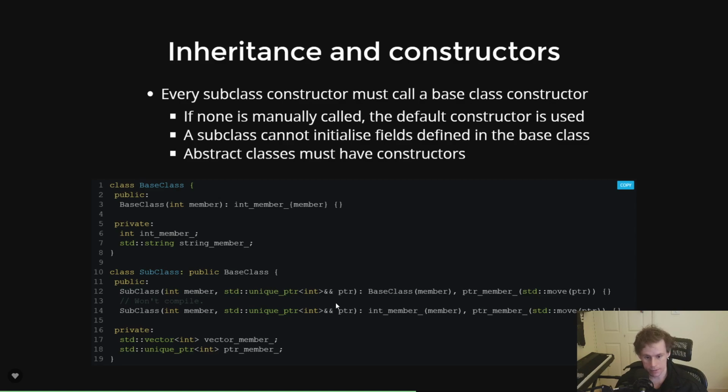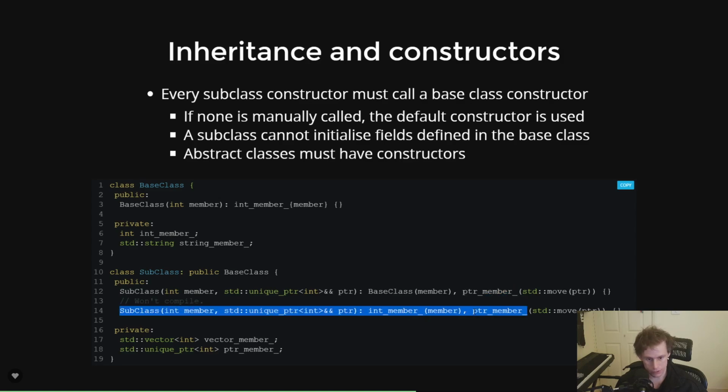And you can see this happening in these two cases here where I have a subclass that I'm constructing with an int member and a unique pointer R value reference, which I'm going to put here. And you can see that I first call base class on member, and then I do uniform initialization on the pointer member here.